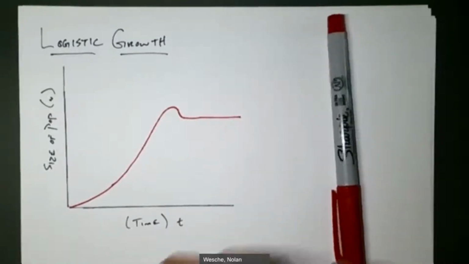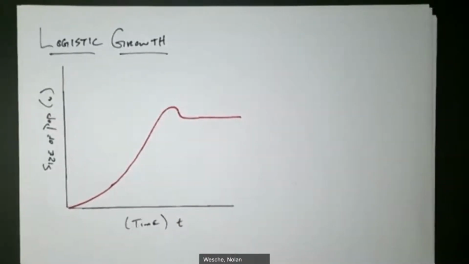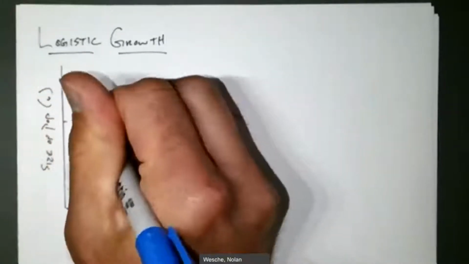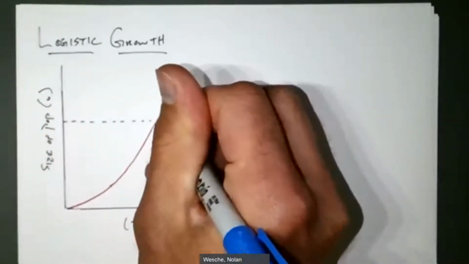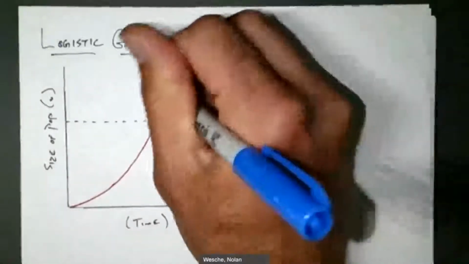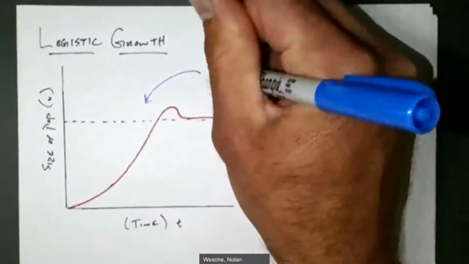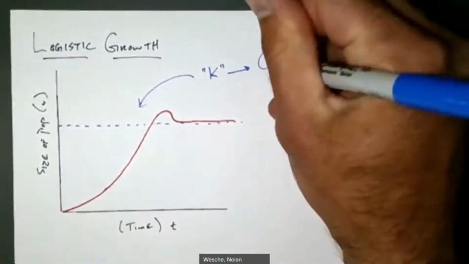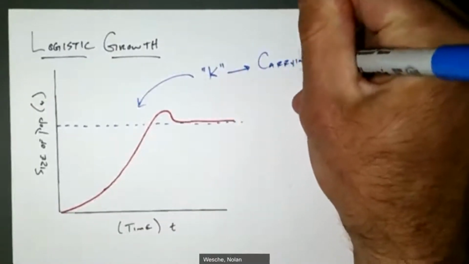Now, this line that we approached and kind of overshot represents the amount of organisms that this environment can support. And we call this line K, as the variable of K, and it represents our carrying capacity.